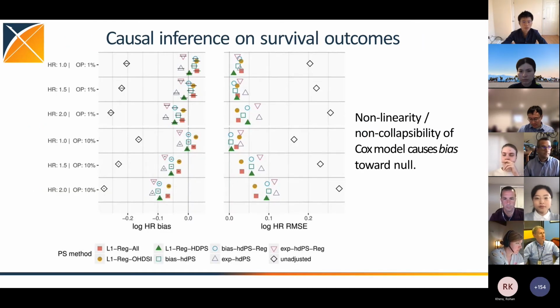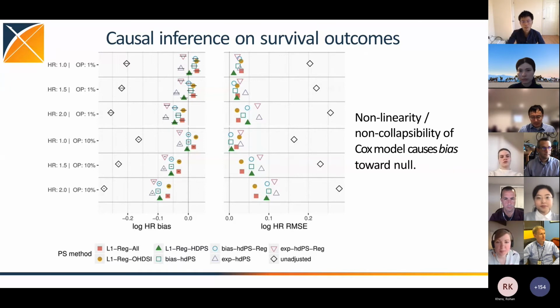Here are some results from a positive control experiment using plasmode synthetic data. This experiment investigates bias and root mean squared errors in the treatment effect estimates. Different estimators vary in their method for estimating propensity score, but they all use a propensity score matched Cox regression model to estimate the treatment effect.